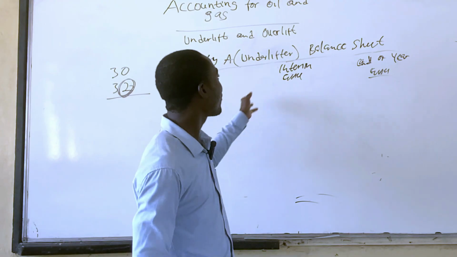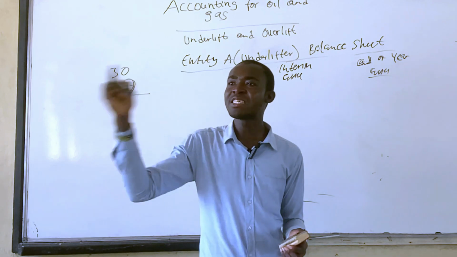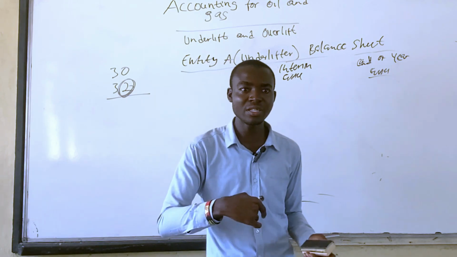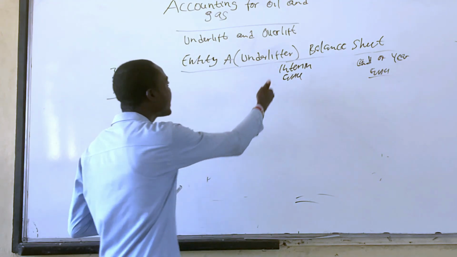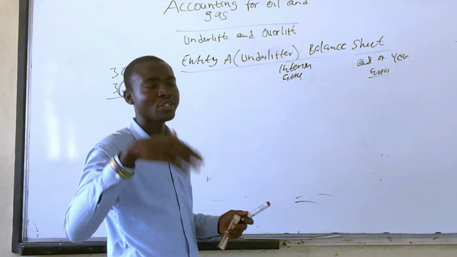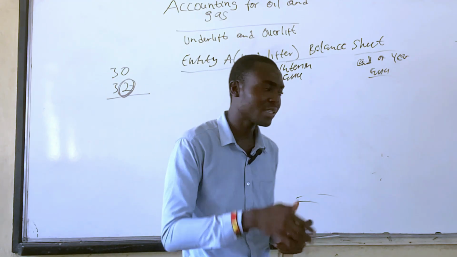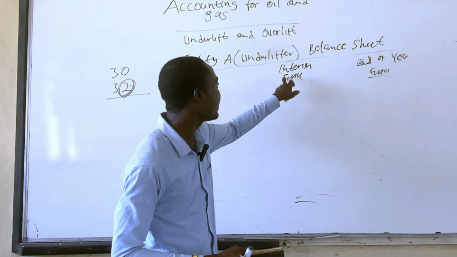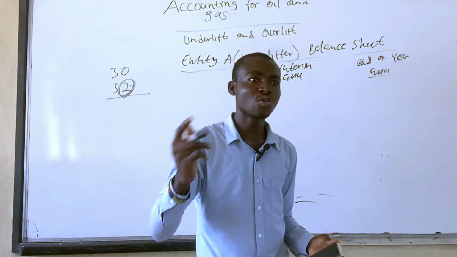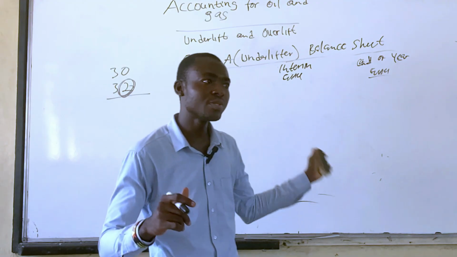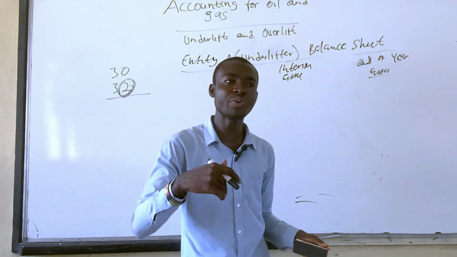In the books of entity A, we only record the value of the overlift that occurred. At the interim date, the day on which the transaction took place, the price of oil was 32 Ghana cedis, so that's what we use to calculate the interim figure. At the end of the year, there was an increment in oil price to 35 Ghana cedis, so we use 35 to calculate the amount that entity B is supposed to pay to entity A.